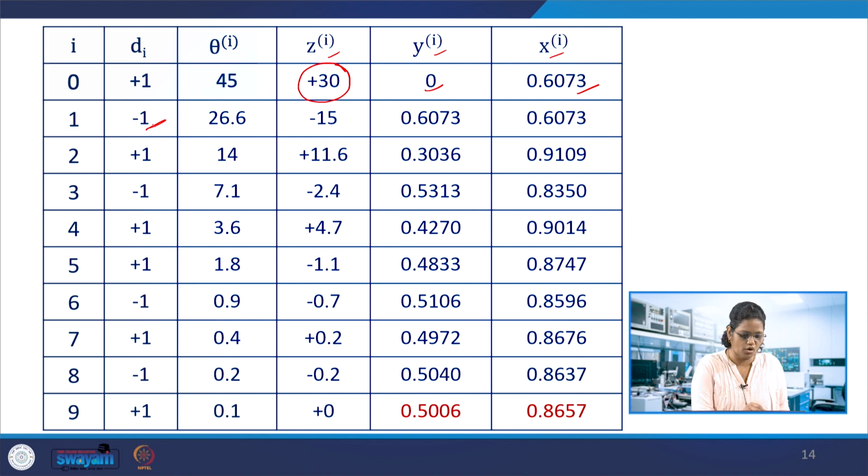So di we got as minus 1, and the angle from that is half of it, that is 26.6, and from the z equation we got minus 15. This minus 15 is used here, and then here plus 1, that is 11.6, and then 0.306, and so on. So we had 7.1, as we have seen d progressing, also xi and yi.